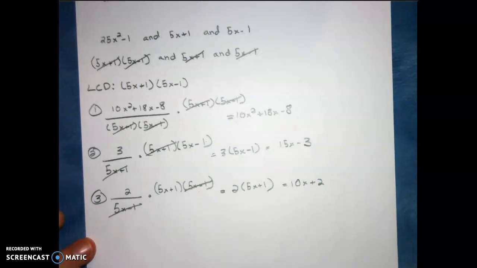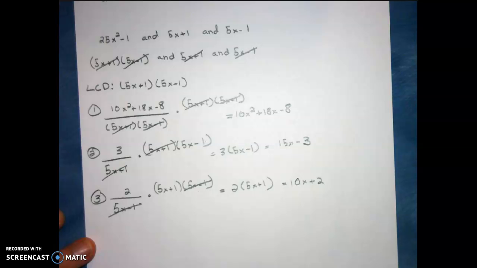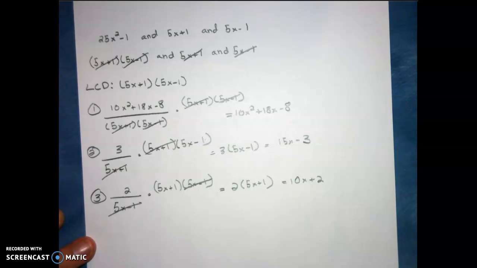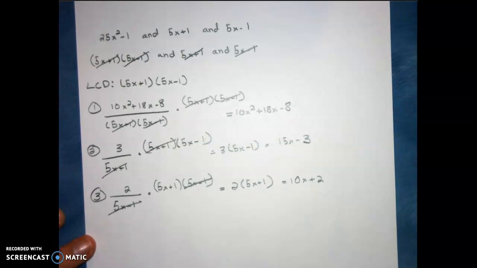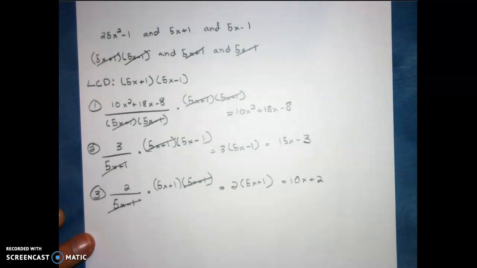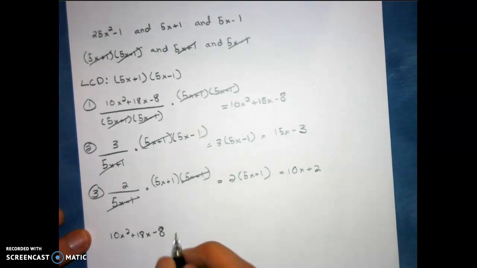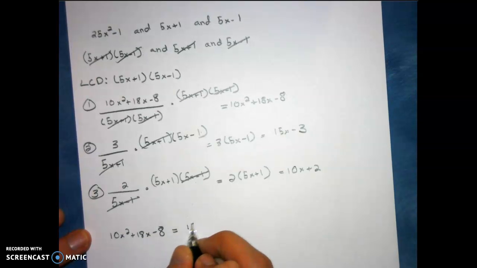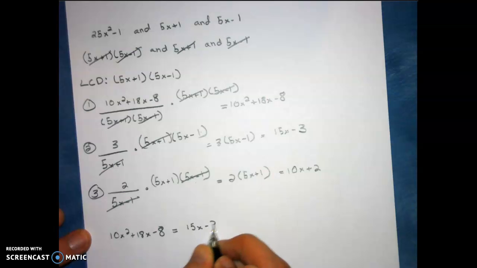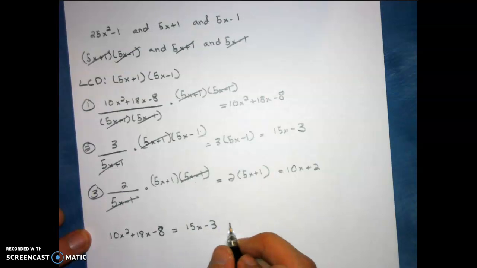All right, now we just plug everything in and solve. So we found the LCD. We use the LCD to cancel all the denominators. Now with what we have left, we solve. So we have 10x squared plus 18x minus 8 equal to 15x minus 3, minus 10x.